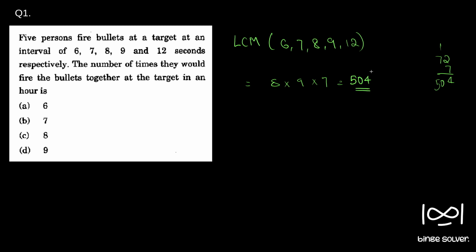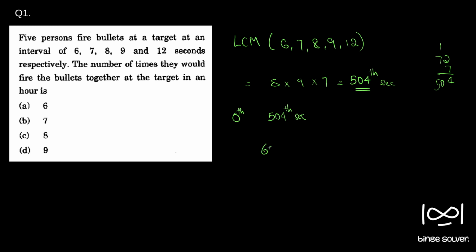So what does this mean? At the 504th second, they will be firing their bullets together. If you assume they fire their bullets together at the 0th second first, then the second time they fire together will happen at the 504th second. That's what this means. Now we have to find how many 504-second intervals fit in 1 hour.